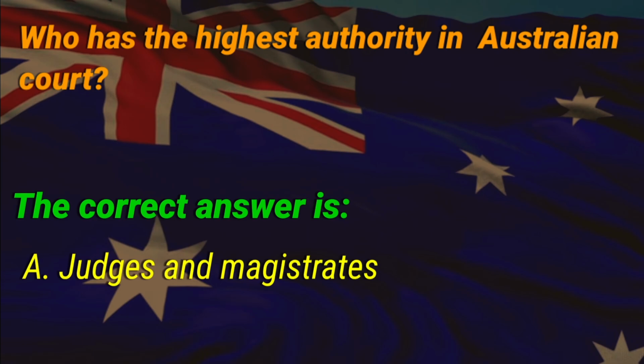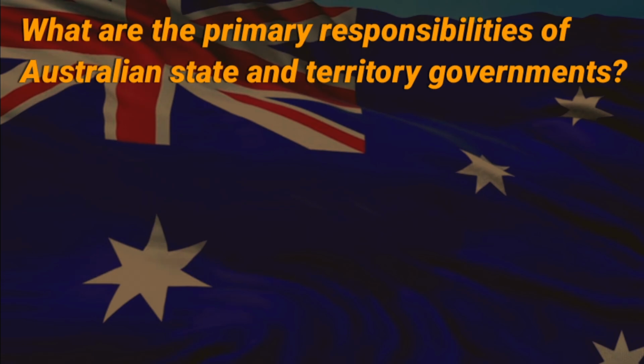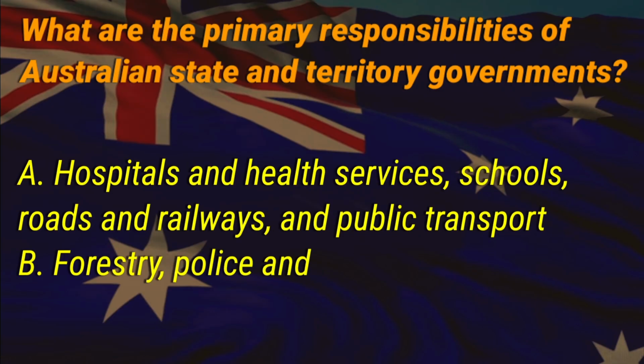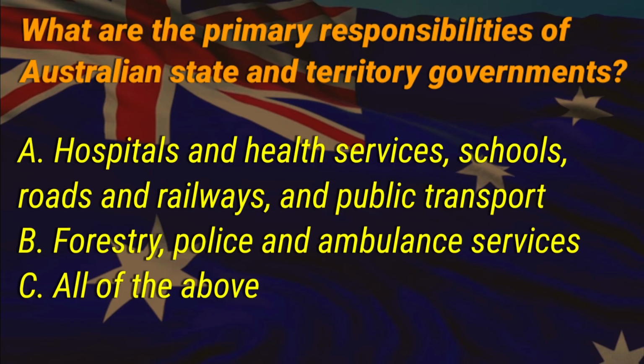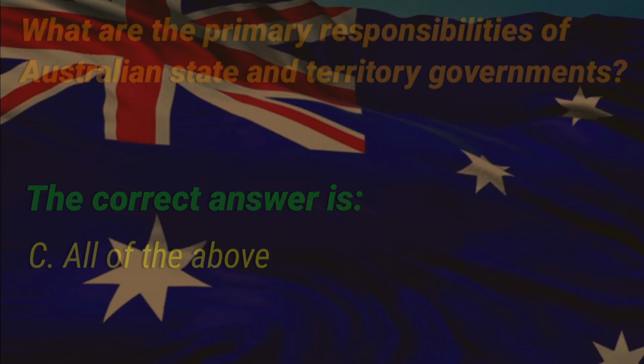Judges and magistrates. What are the primary responsibilities of Australian state and territory governments? A. Hospitals and health services, schools, roads and railways and public transport. B. Forestry, police and ambulance services. C. All of the above. The correct answer is C. All of the above.